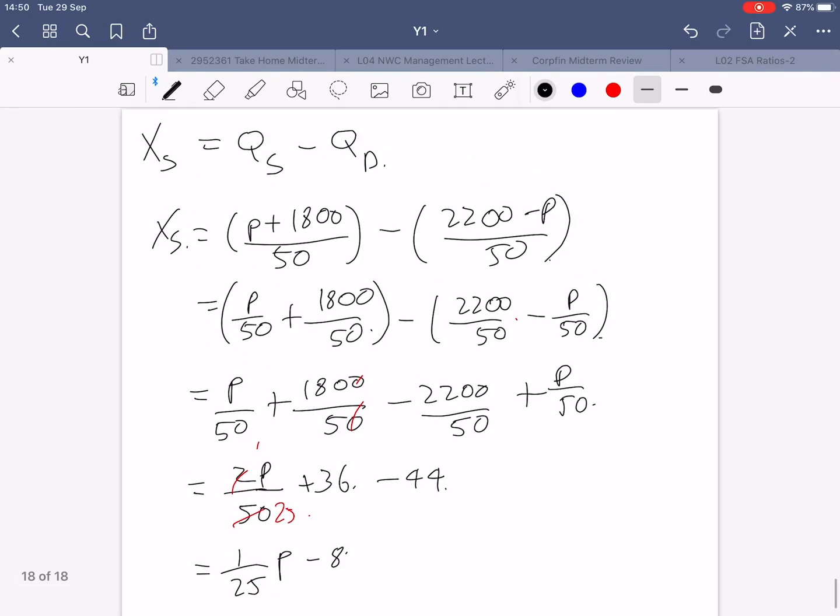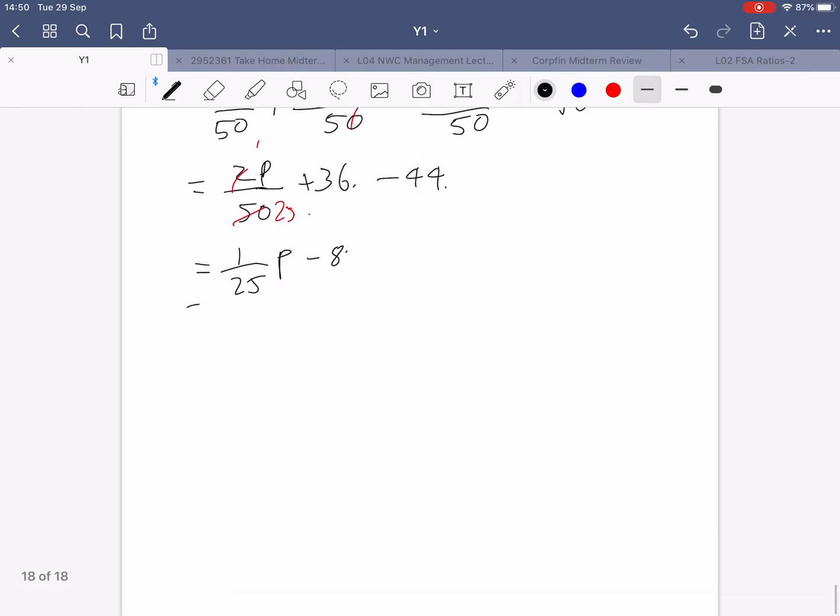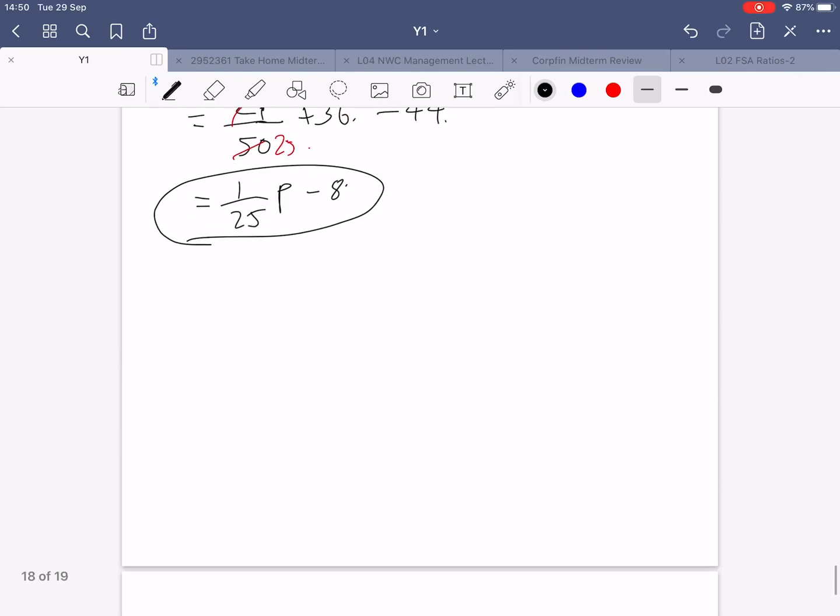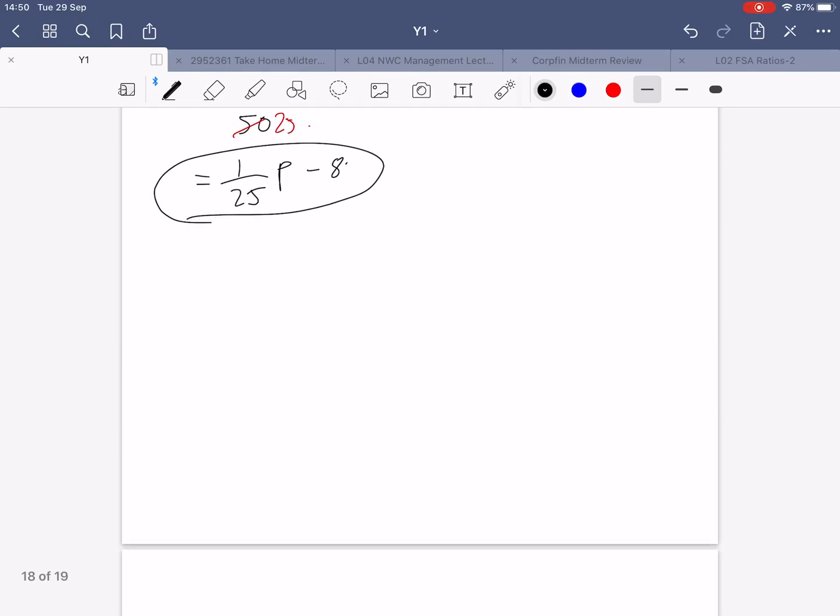So to check if the equation is correct, we can put in the previous price before imposing the minimum wage. To check here, XS equals 1 over 25 times 200, which is the equilibrium price before imposing the minimum wage, minus 8. 8 minus 8 is 0.